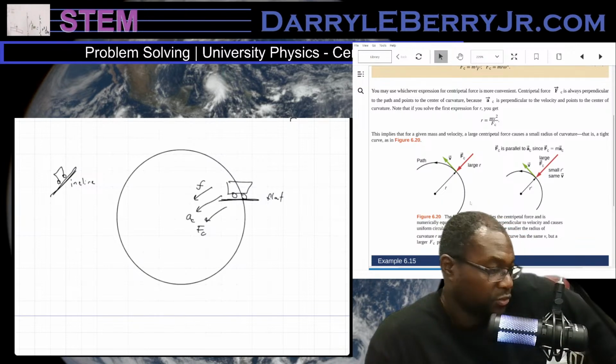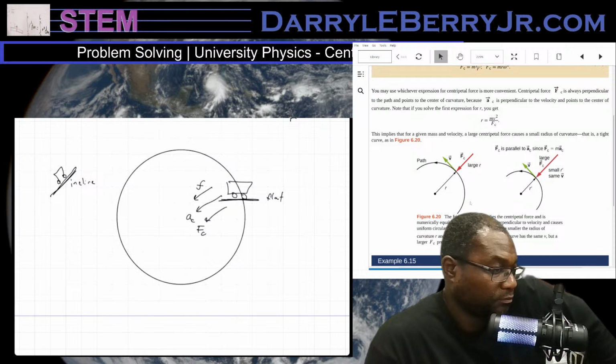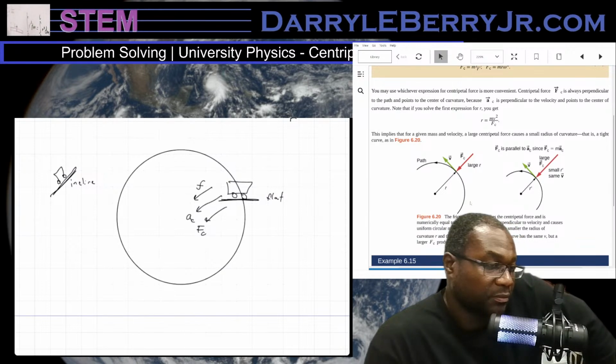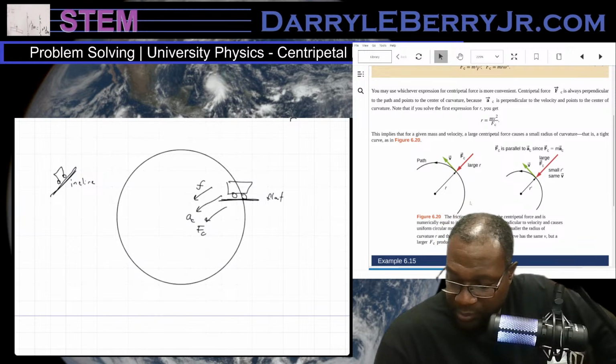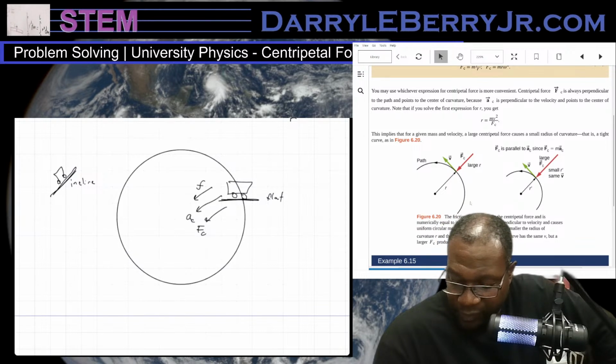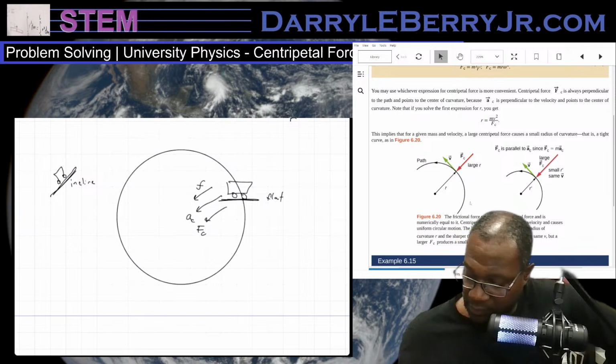Frictional force applies to centripetal force and is numerically equal to it. So on the flat plane, the centripetal force is the frictional force.